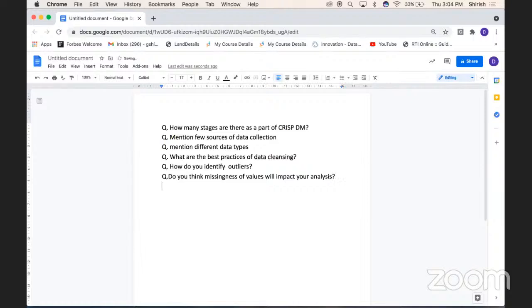Yes, definitely. The answer would be yes. Why? Because whenever you are working with any data set, you will check if the data has missing values here and there in the entire data set.